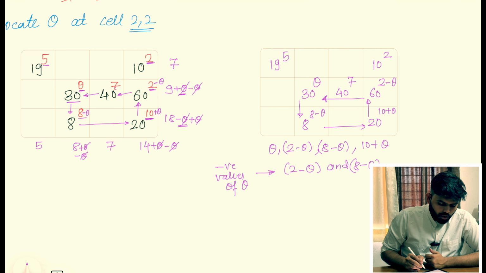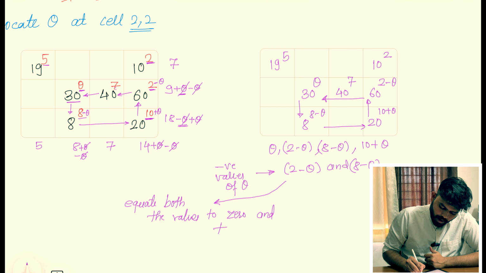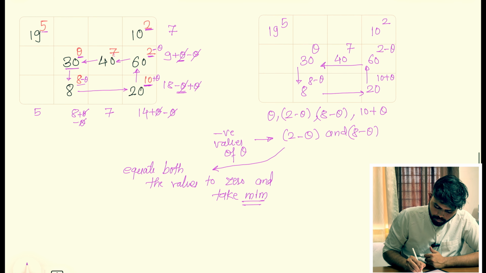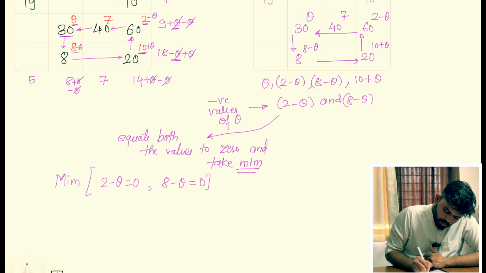Okay, so what we do is equate both these values to 0 and take the minimum of them. So it means that we will take the minimum of either 2 minus theta equal to 0 or 8 minus theta equal to 0.